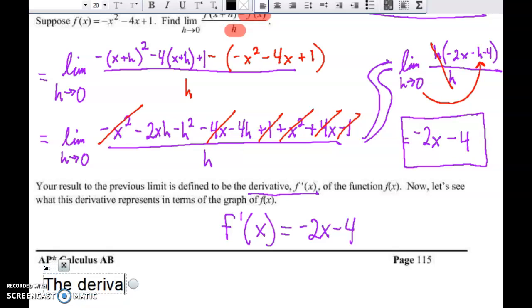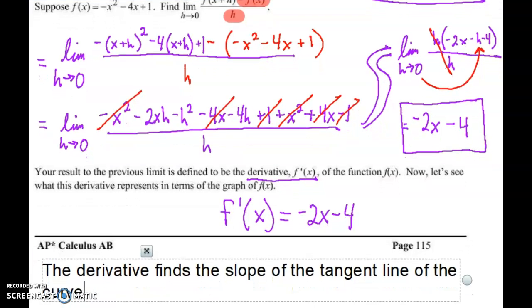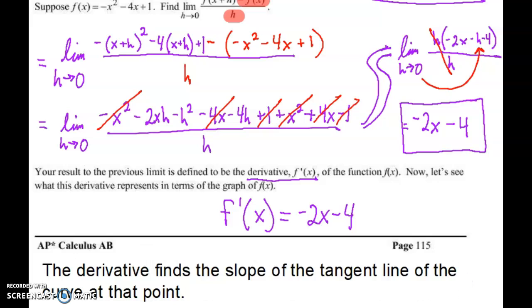The derivative finds the slope of the tangent line of the curve at that point. So feel free to pause the video at any point, go back and rewatch, and make sure you're getting this, all right?